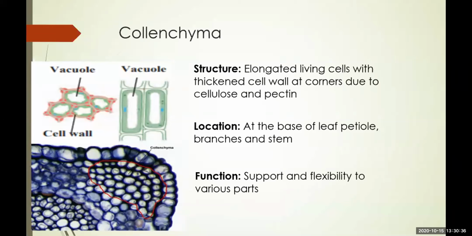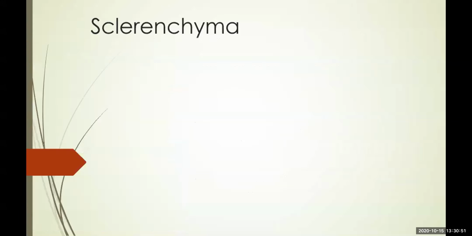Function of this collenchyma cell is to support and provide flexibility to the various parts. So when the plants move due to air, they are seen to be flexible. Okay, it is because of the collenchyma cells.